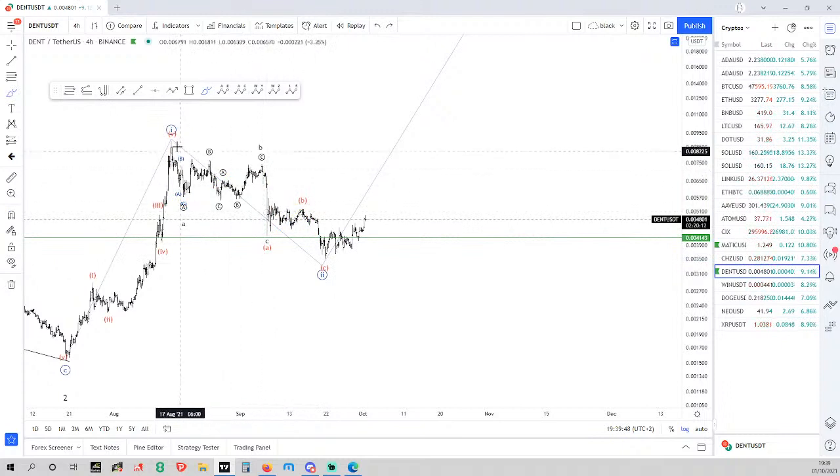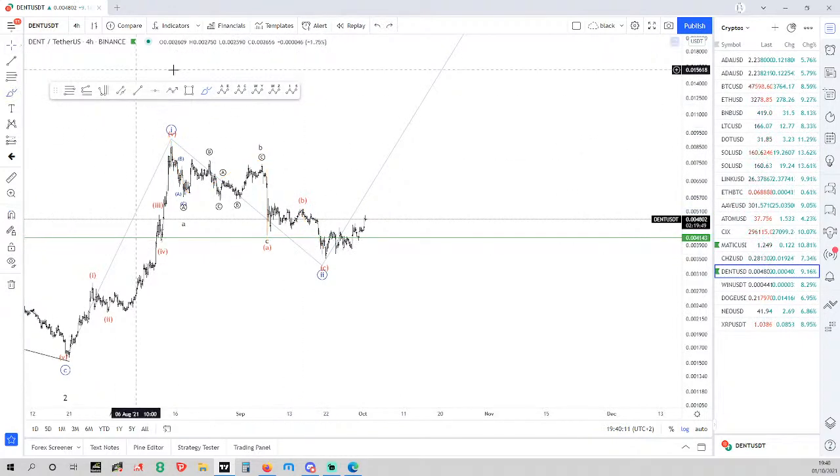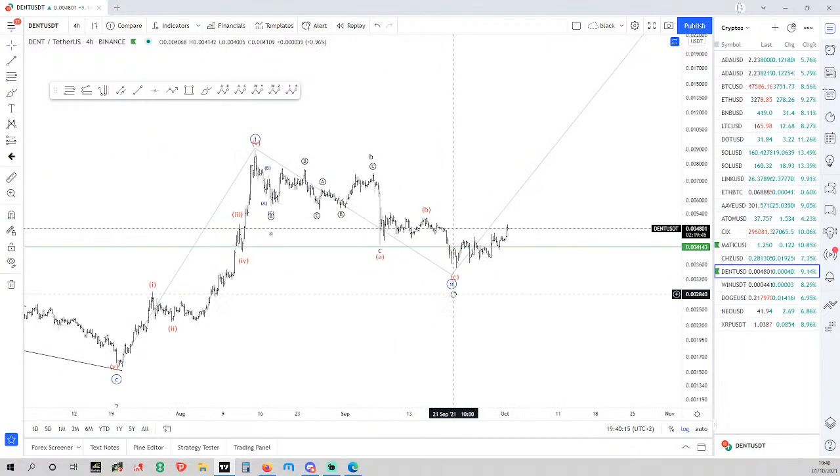The only thing I don't love about this is this wave A. This wave A is quite large. I would like to have more of a sideways move. It's too sideways. And also compared to wave C at the same degree, it doesn't look proportionate. I would like to see something more proportionate. That would definitely help.